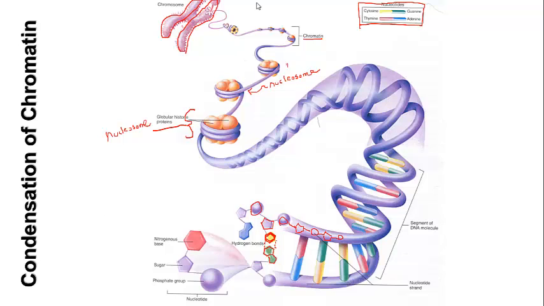So again, all of this right here, the DNA winding, going from the chromatin level of organization to the chromosome, or bivalent chromosome, level of organization, is occurring during prophase of mitosis, the first phase of mitosis.